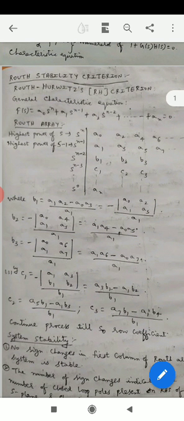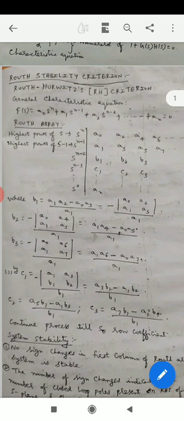Similarly, consider b2. How is b2 written? For any element, the first column will always be a0, a1. The second column will be the next column of the previous two rows, so we consider the third column, a4, a5.